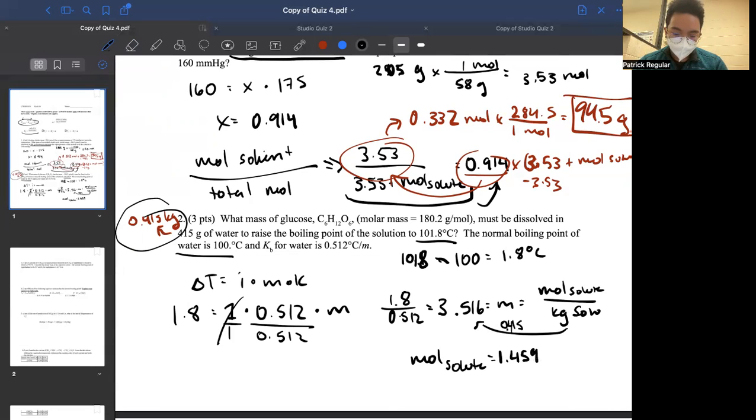Now, if it's asking us for what mass of glucose, if we have this many moles of solute, which is glucose, 1.459, 1 mole is 180.2 grams. Now that eventually gets us 262.9 grams.